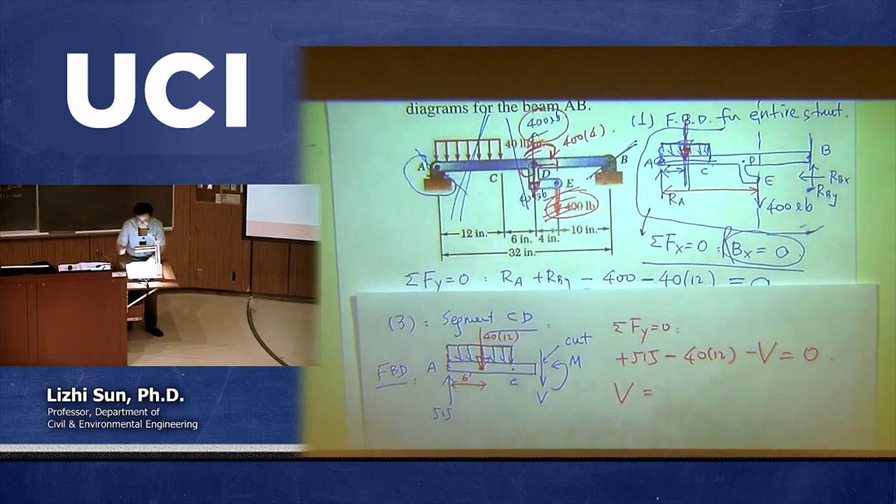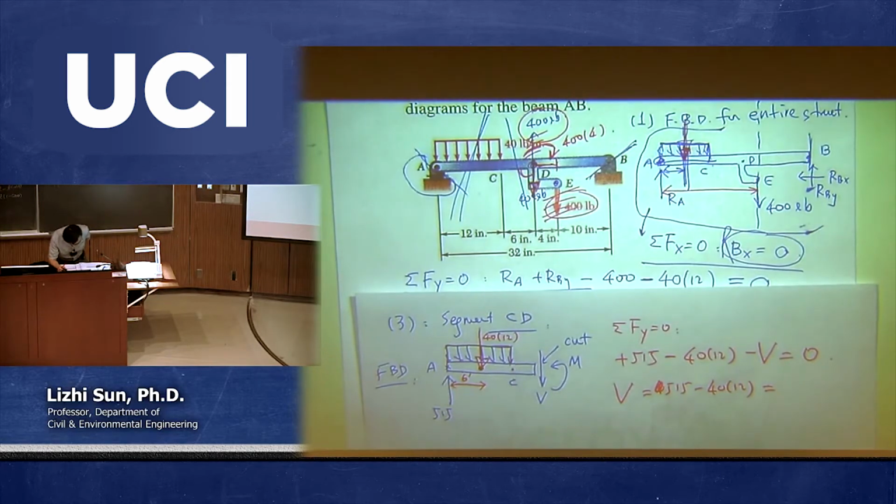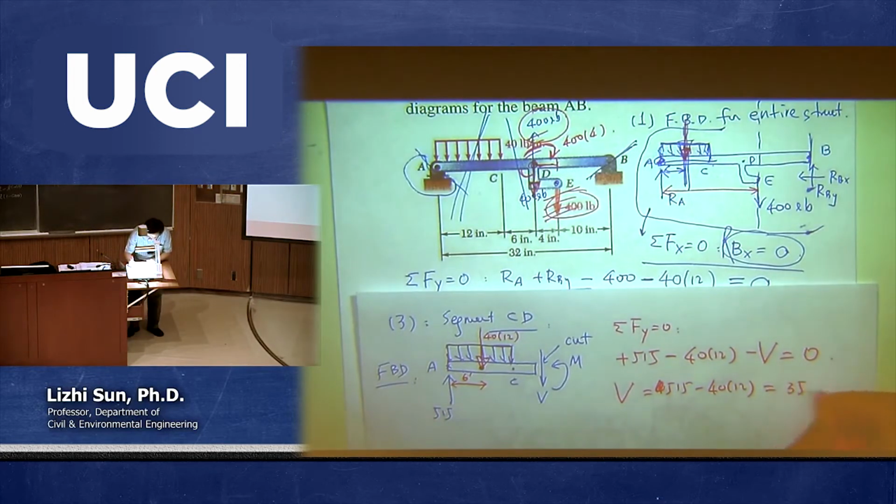From this, V equals 515 minus 40 times 12. What's the number of this one? 35 pounds. Okay, so this is the shear force. We calculated based on the first equation.